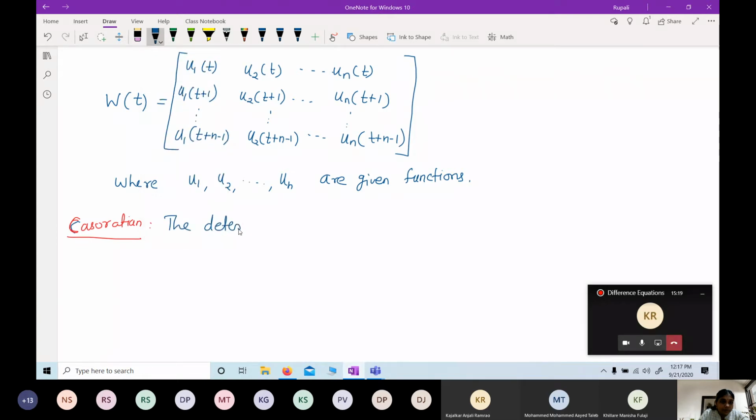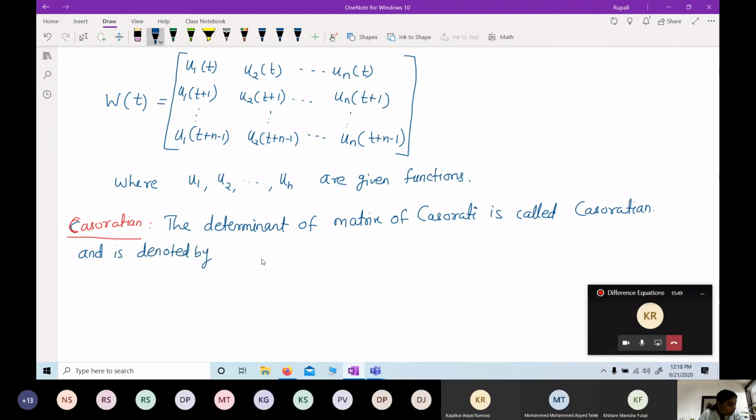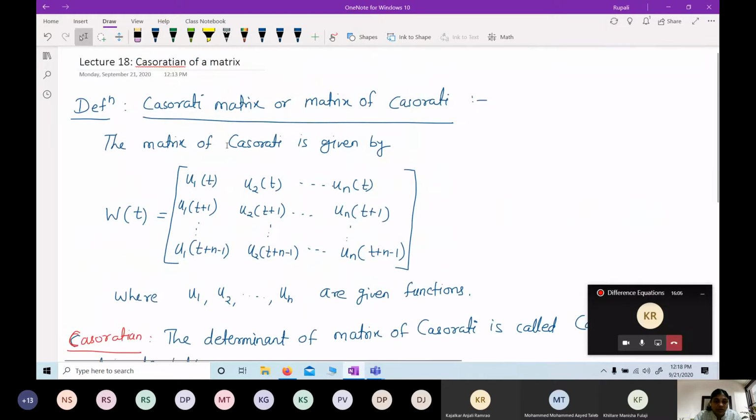The determinant of the matrix of Casorati is called the Casoratian, and it is denoted by small w(t), which is nothing but the determinant of capital W(t). Is that okay? Can you see the screen?